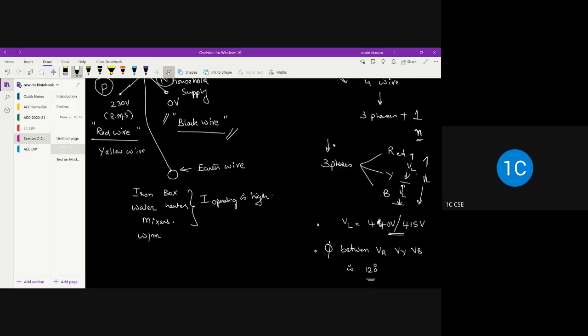So three phase AC systems can do more work compared to single phase system. That's the reason this three phase system is used in your electric cars, wherein the torque requirement is very, very high. So when the torque requirement or the power requirement is higher, go for three phase AC systems.